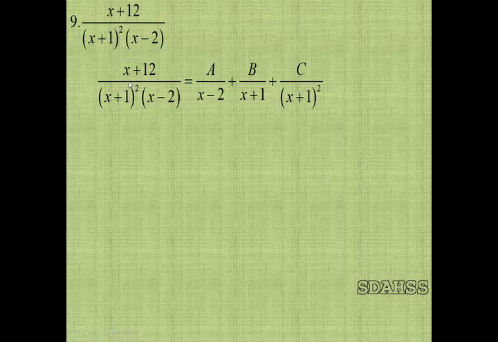For x plus 1 you have to use two alphabets, so b by x plus 1 plus c by x plus 1 whole square.